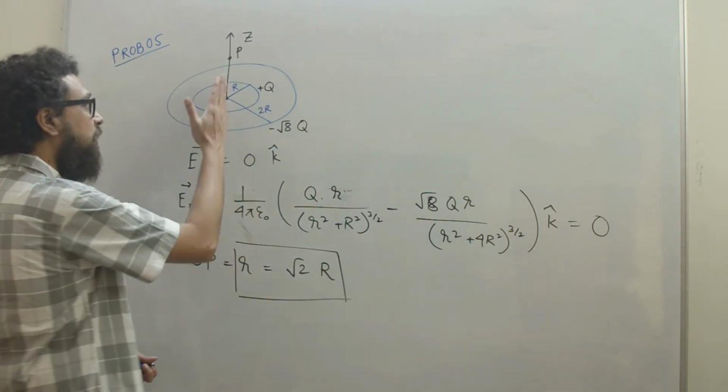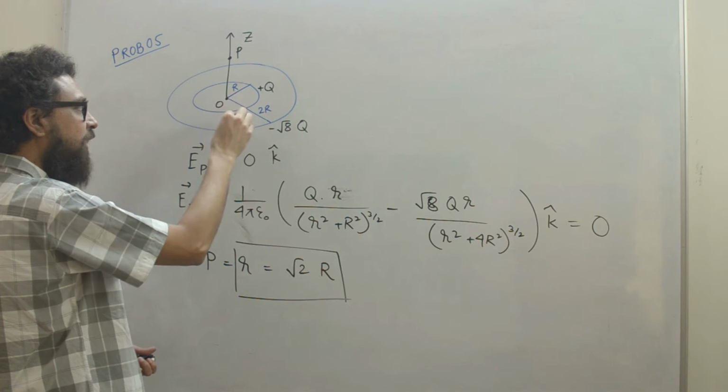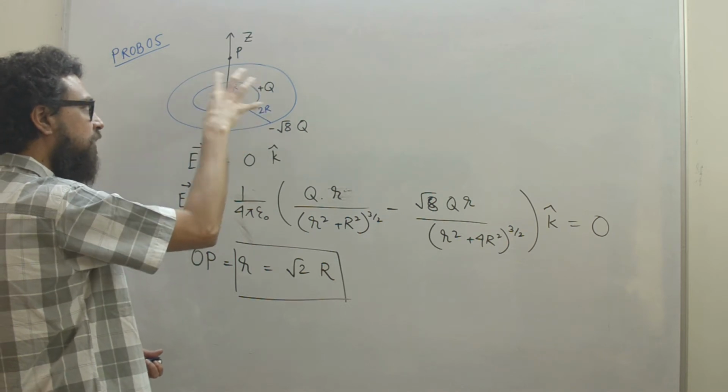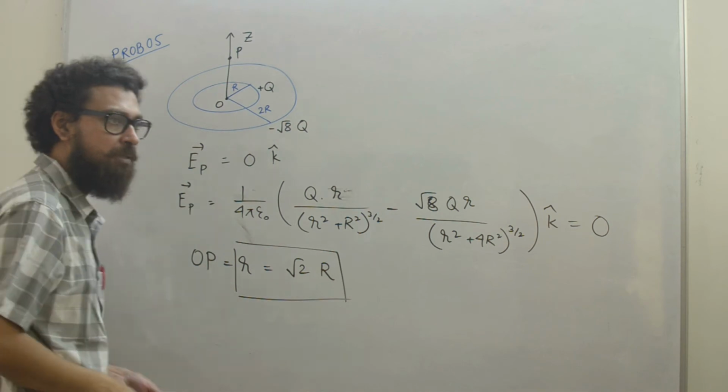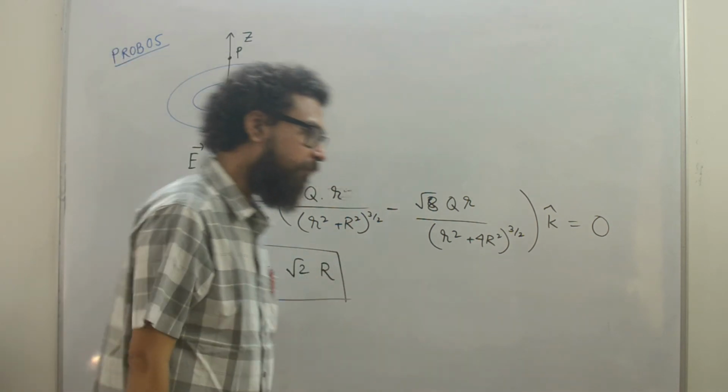Find a point on the z-axis where the field due to this total system will be 0. We have to find the distance OP. This is what we have to find.